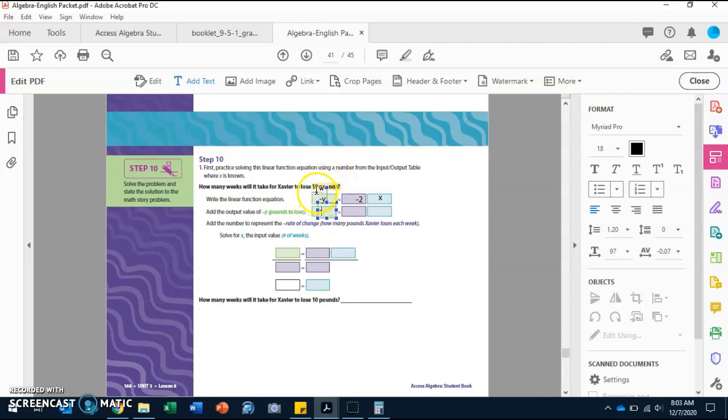Negative, and then how many pounds do they want to know? For 10 pounds. And then here it's the same thing. -2, this does not change. And then we bring down again the x. And now we're going to solve, guys. So here, we're going to put negative 10 equals negative 2x.